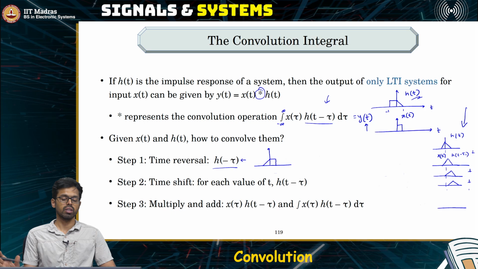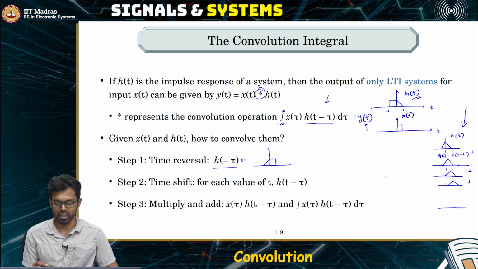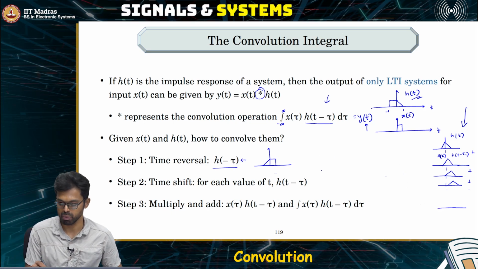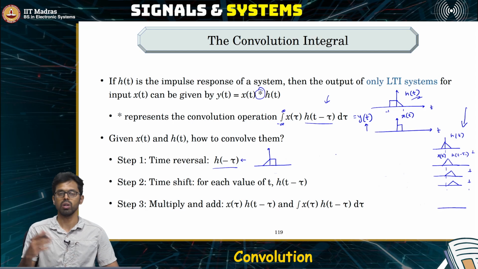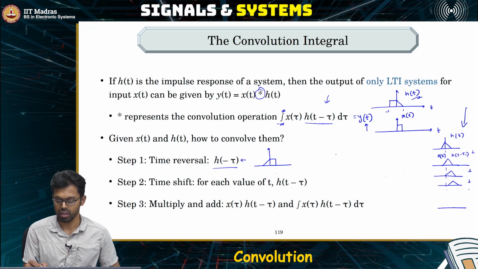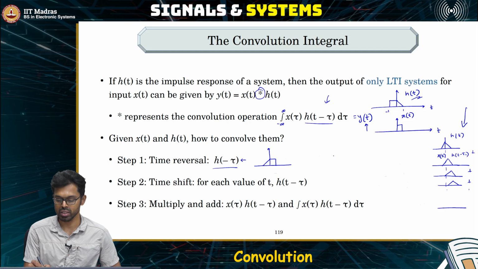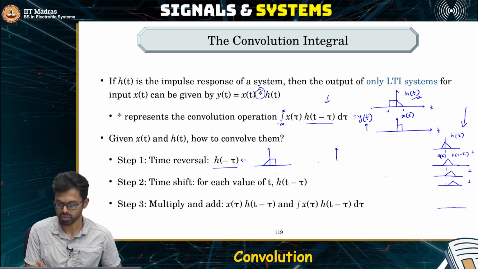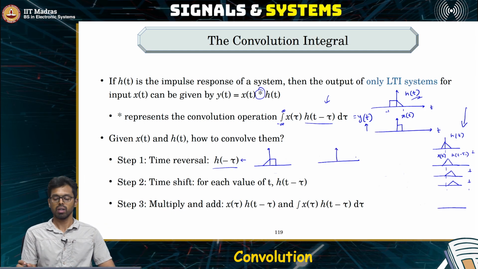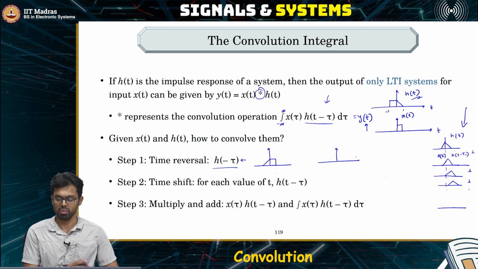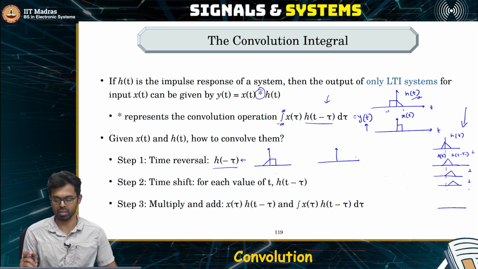Now shift it for a particular value of t. Let's say I'm going to shift it for t equal to -1. So if I shift it for t equal to -1, then my signal moves to the left in this case.